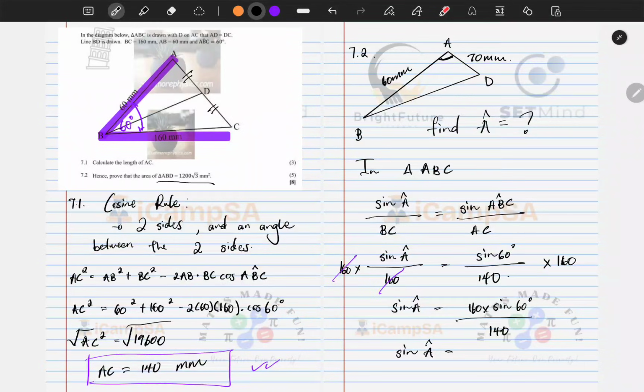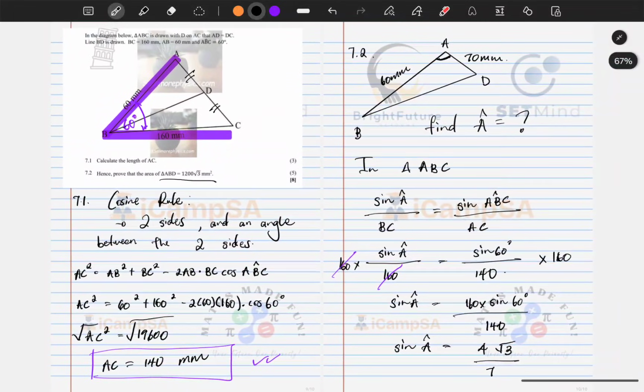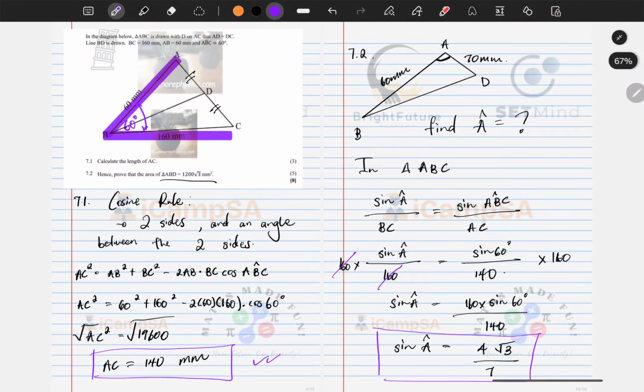Your answer is 4 root 3 all over 7 for sine A. You can punch it in your calculator, or you can leave it here, and you will see why that is important.